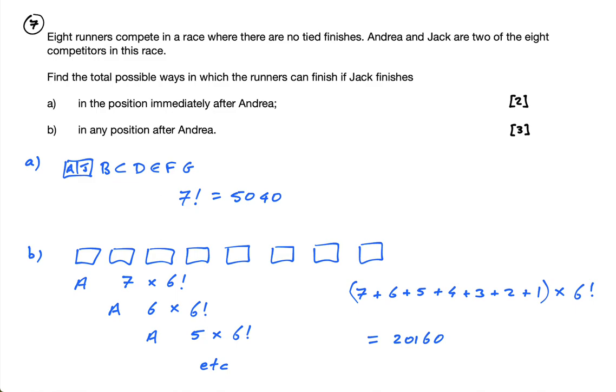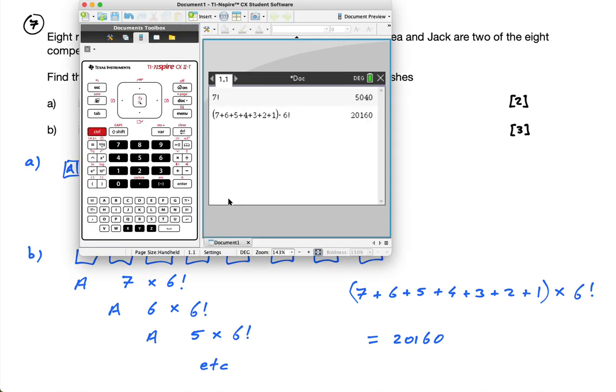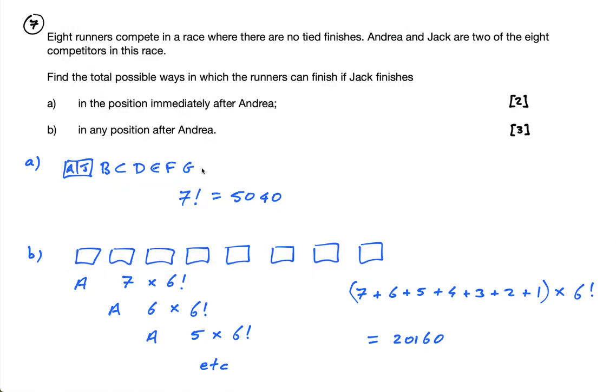And just to show you guys that it's the same answer, if I do 8 factorial divided by 2, it is 20,160. Okay, that's question 7. See you for question 8.